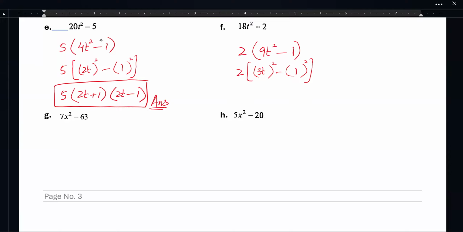Now I can use the identity, and for this, I will have two brackets, 3t plus 1 and 3t minus 1.